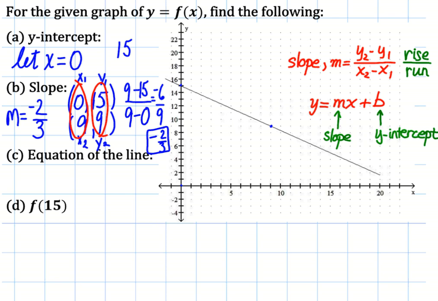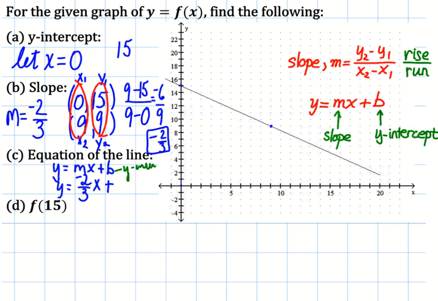Now we're going to use y equals mx plus b. y is equal to a negative 2/3 x, and remember b is my y-intercept.